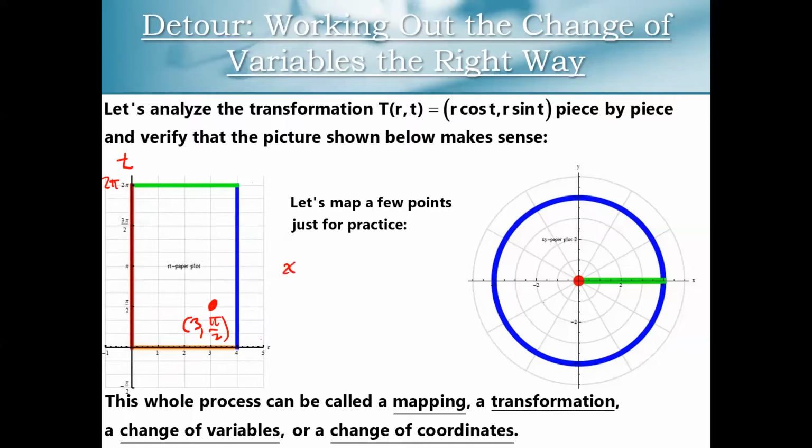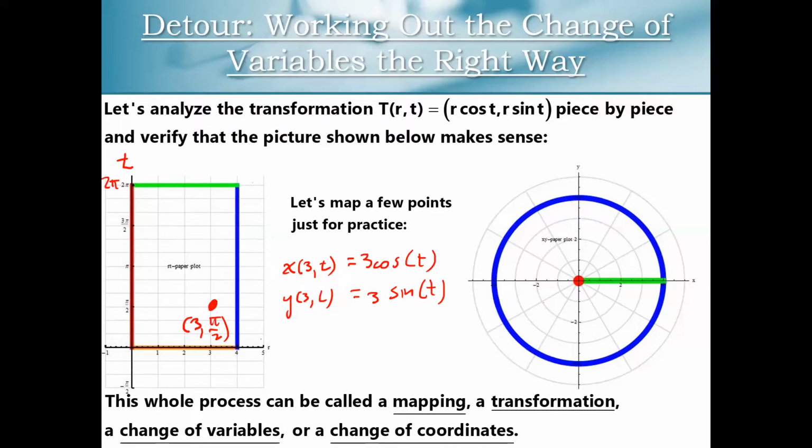You would say, okay, my x of RT and my y of RT is going to equal r cosine t and r sine t, but in this situation, my r is fixed at 3, so I'll put some 3's in there. And then my t is fixed at pi over 2.